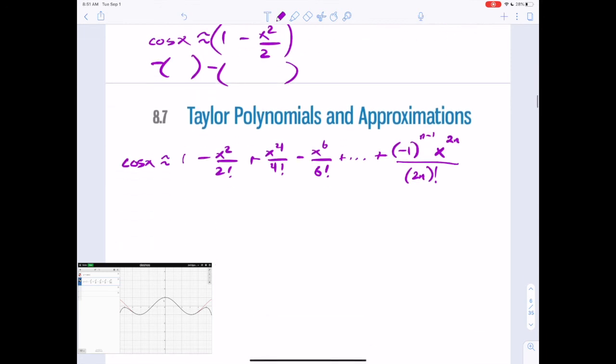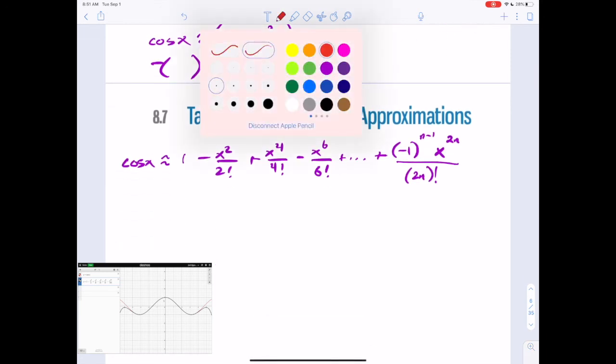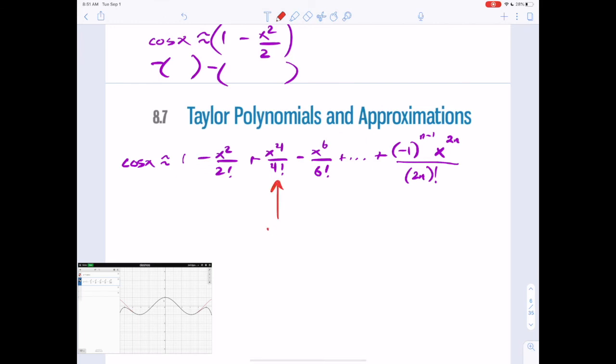So let's pick the third term here. So we know n is 3. So if I plug in 3 for n, let's take a look and see what happens here, okay? So that's going to be negative 1 to the 3 minus 1, x to the 2 times 3, all over 2 times 3 factorial.